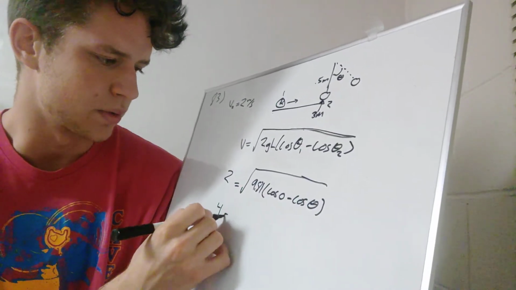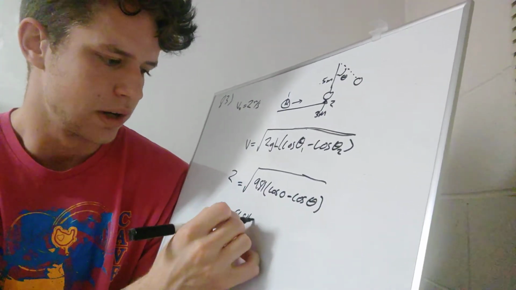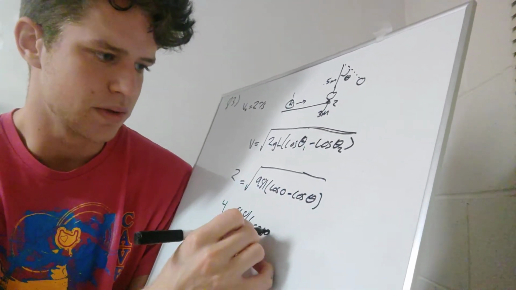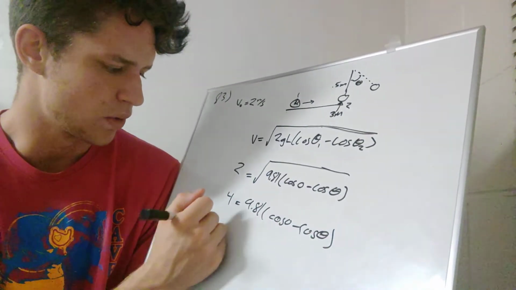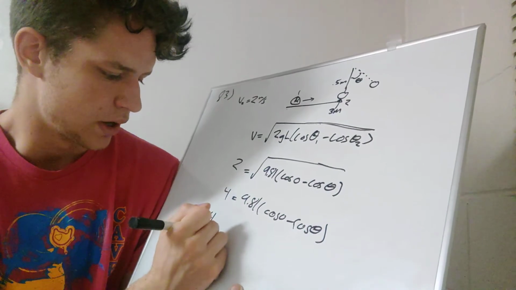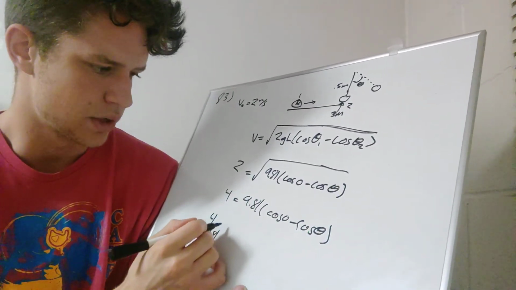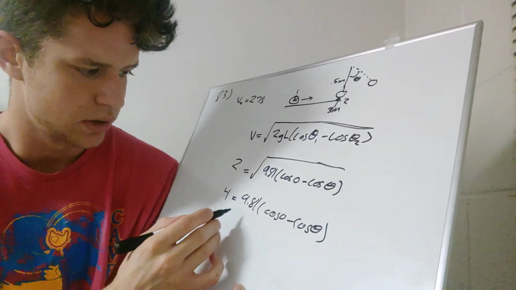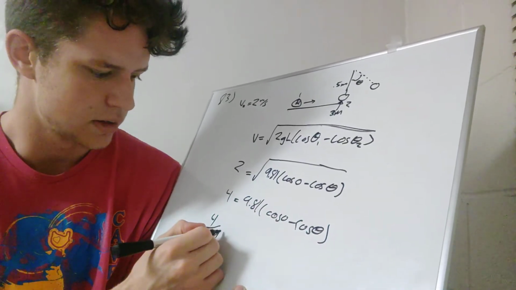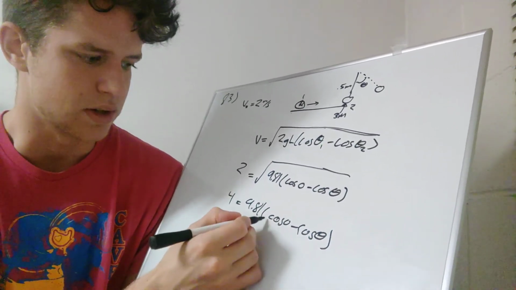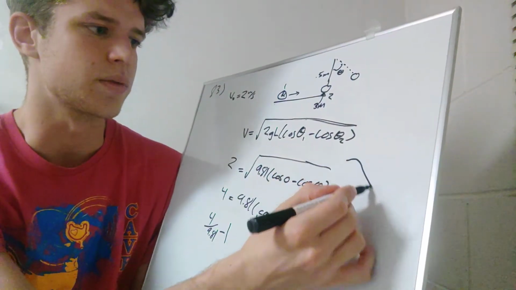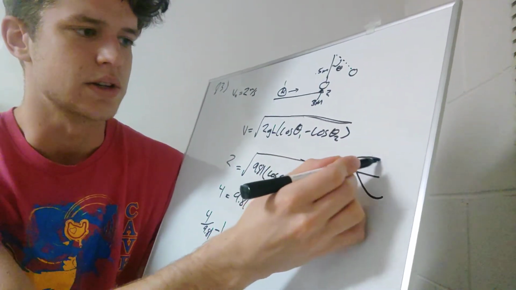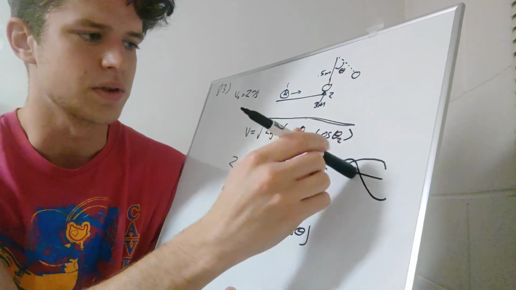So it would be 4 equals 9.81 times cosine of 0 minus cosine of theta. So 4 over 9.81 equals 1 minus cosine of theta, because cosine of 0 is going to equal 1, because the cosine starts at 1 then goes down, where sine starts at 0 and goes up.